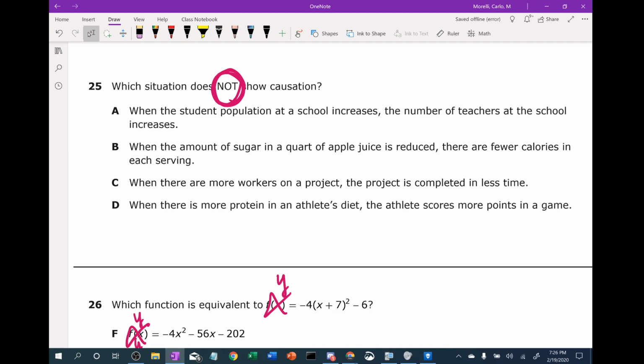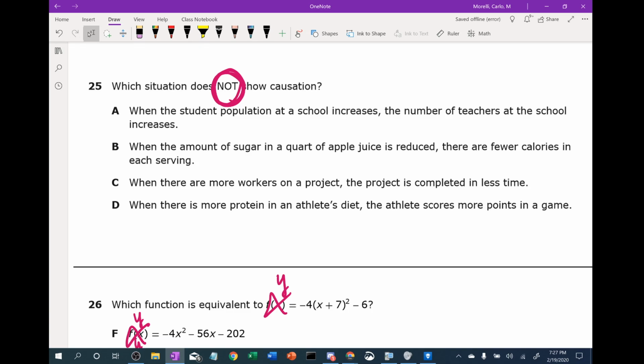Well, Jasmine, we're actually doing anything you want. So this one right now, number 25, population at a school increases, the number of teachers increases. Okay, so they're saying that student population increasing causes teachers to increase. That sounds right. Okay, so A looks like it does show causation, so we would need to look at B.